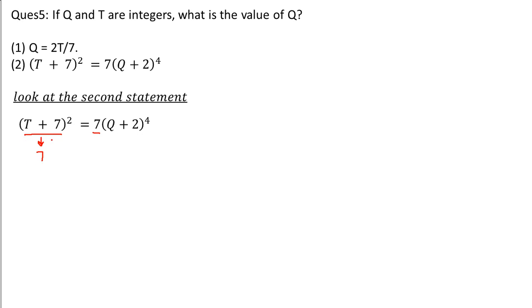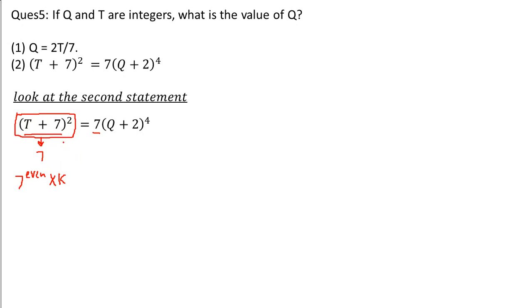Therefore, it is necessary for (t plus 7) to the power 2 to be a number of the form 7 to the power even multiplied by a constant. Why? Because I have a 7 lying here. I have to provide one 7 to this number so that these two numbers become equal. And this number would carry every prime to the power even because it is a perfect square. So this is a catch to this question.